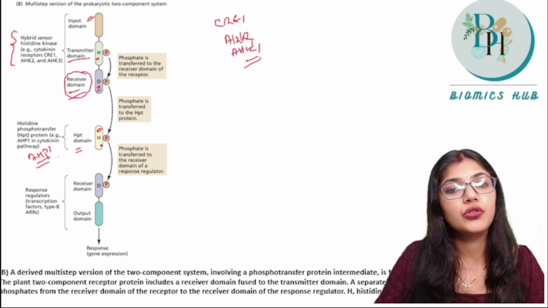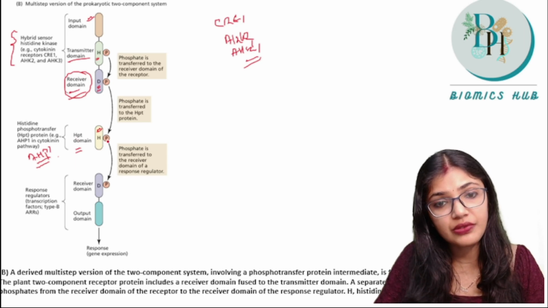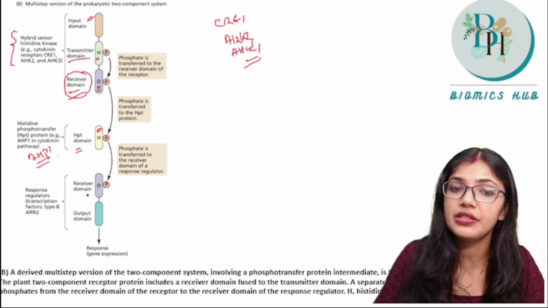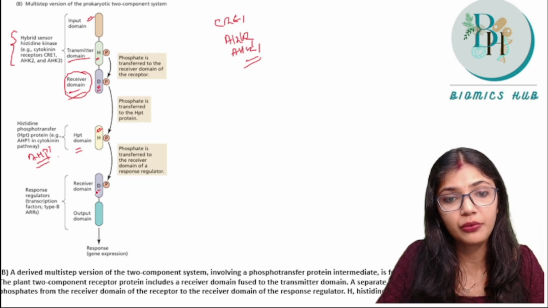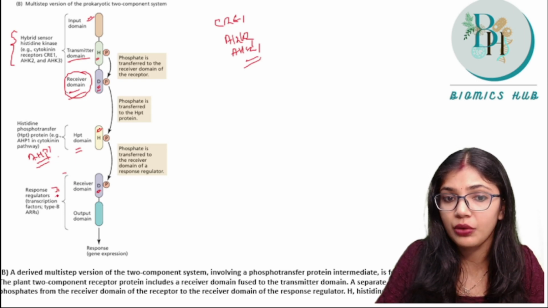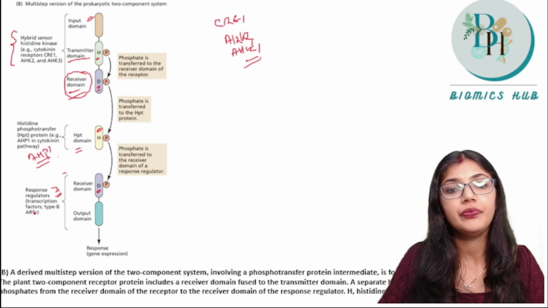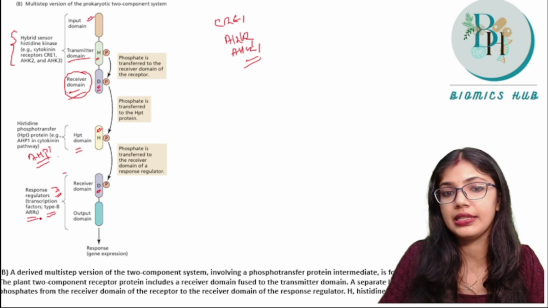Now this HPT domain which is carrying the phosphate transfers the phosphate to the receiver domain, and this receiver domain has an aspartate with it, and this domain is of the response regulator. In case of cytokinin, the examples of these response regulators are type B transcription factors and ARRs.